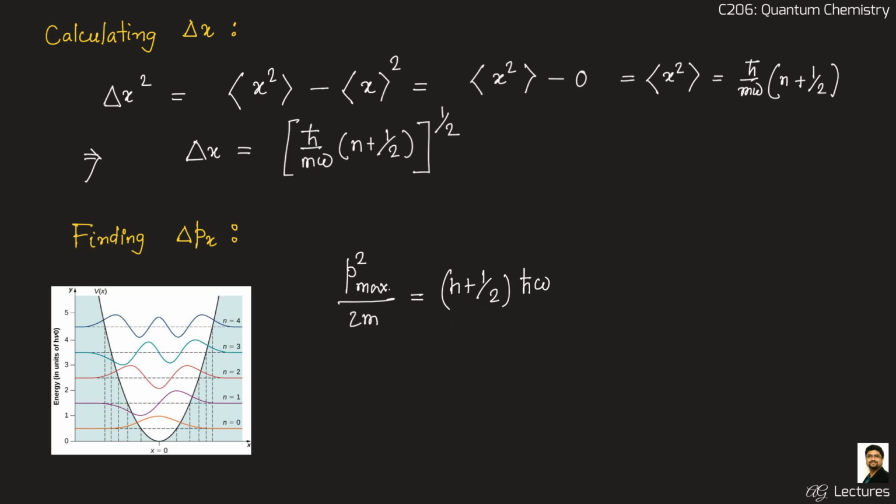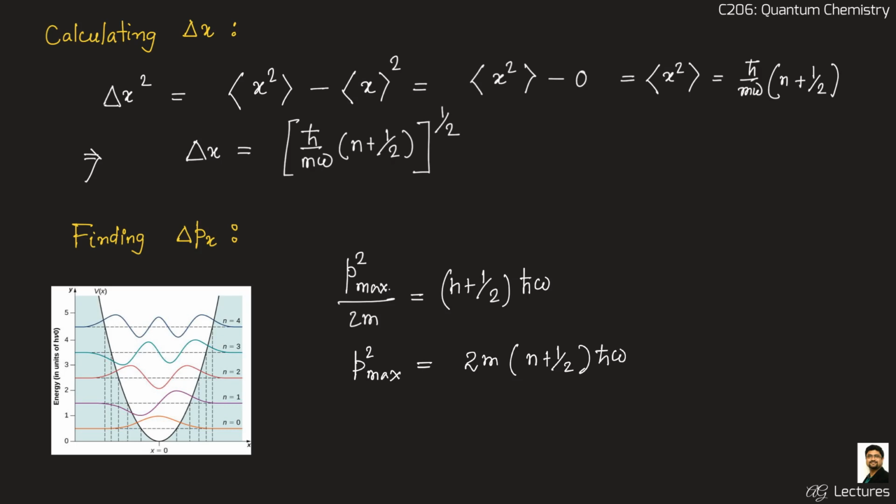From there we get p² max equal to 2m (n + ½)ħω.